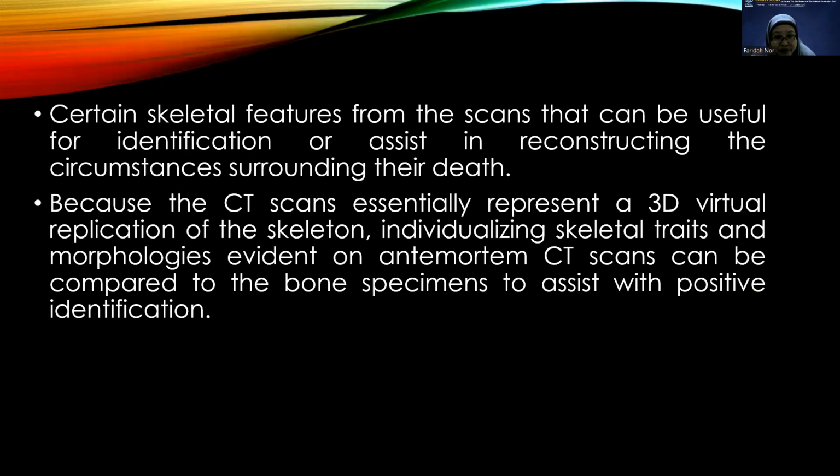The scans reveal specific bone characteristics that can help identify the individual or provide clues about how they died. We can create 3D models from CT scans and match them with actual bone samples to help in positive identification.